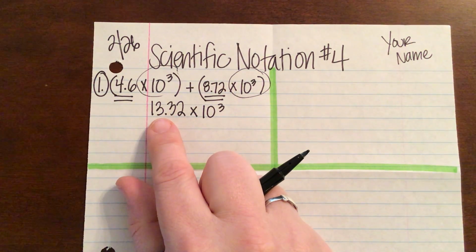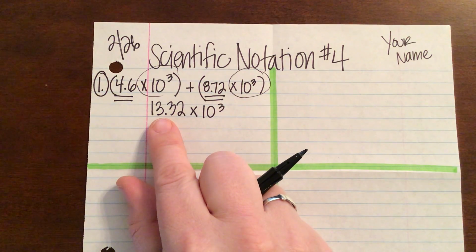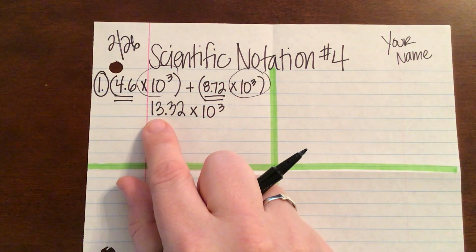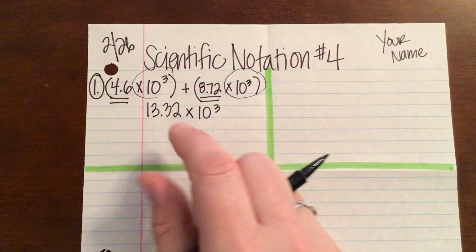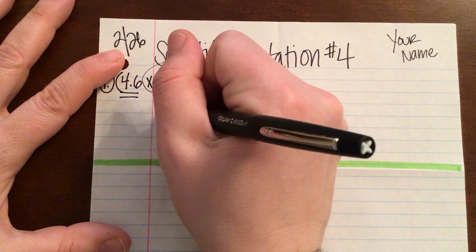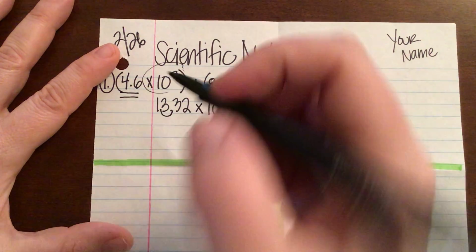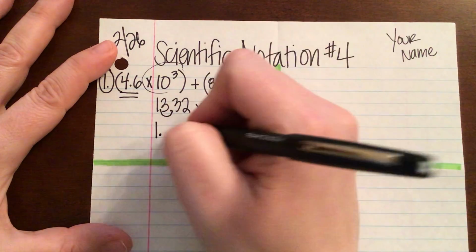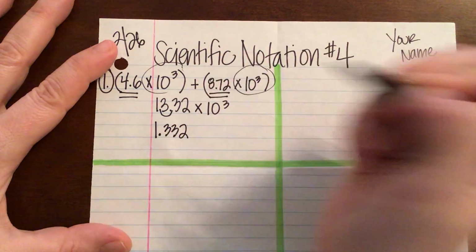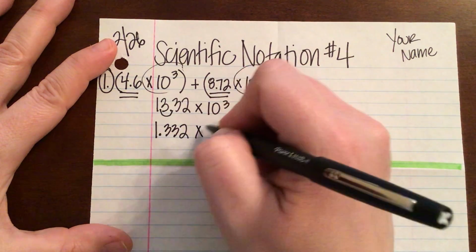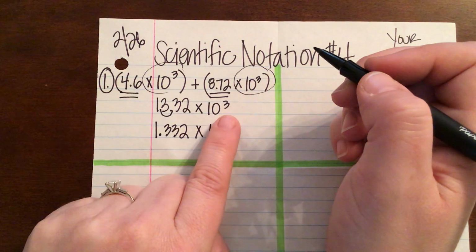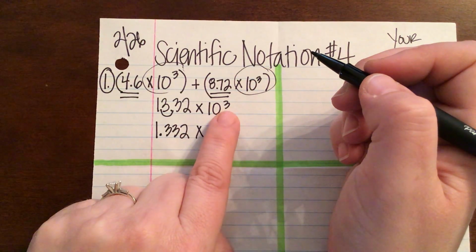My rule is that it should be a 1-digit decimal to the left. And right now I have a 2-digit decimal to the left. I need to fix it and go boop. I need to make it 1.332 times 10, but it shouldn't be the 3 anymore.